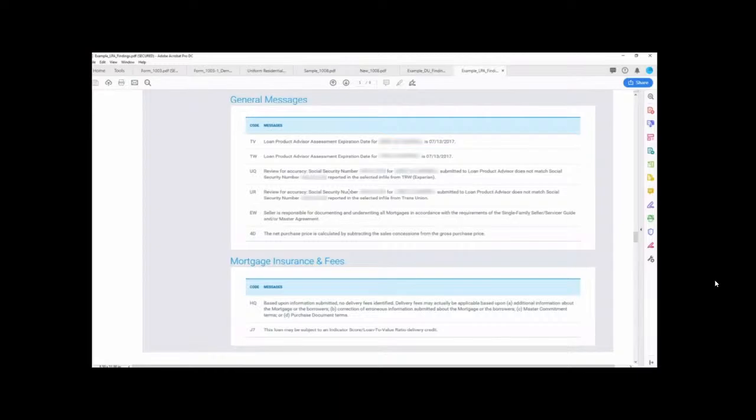DU has another format, a newer version of the format. They are all coming up with different versions of what looks better and what's appealing to the loan originators, underwriters and processors to help our job to do it easier and better. Okay, so let's continue on with the presentation.